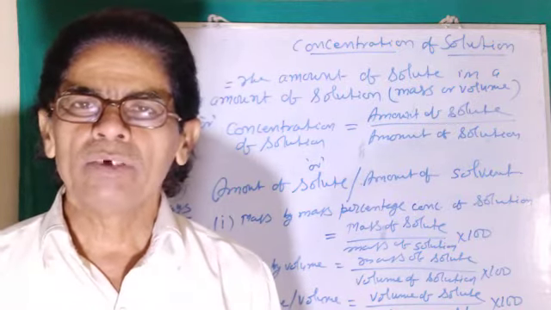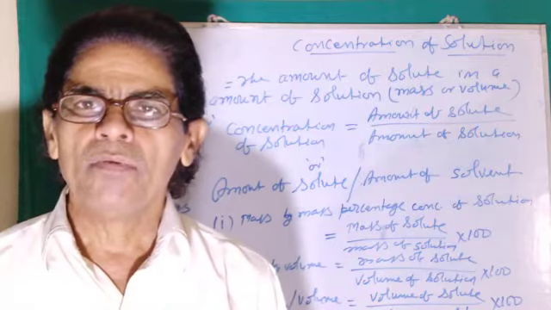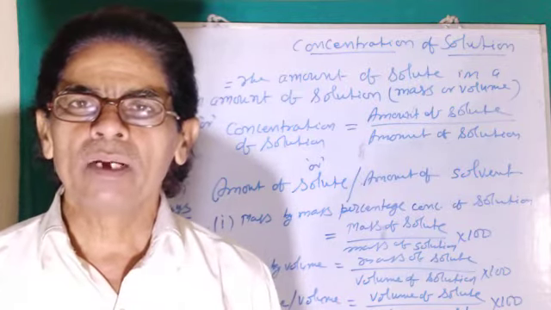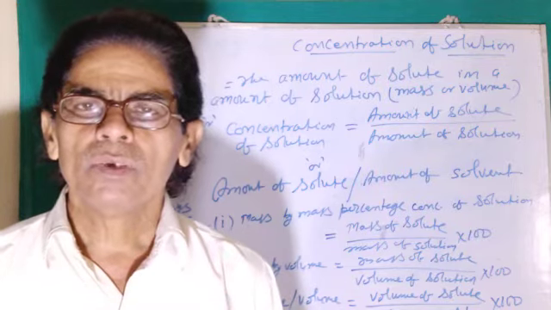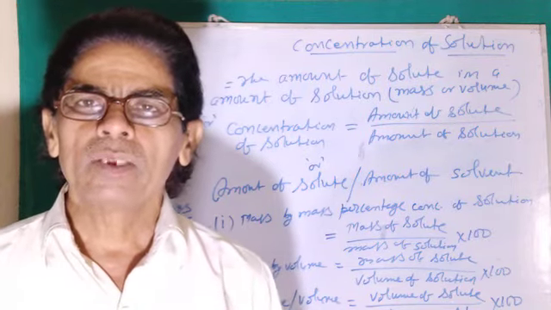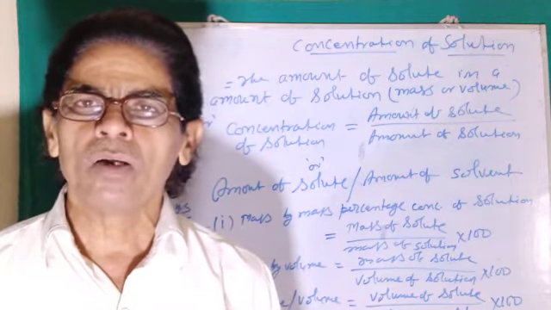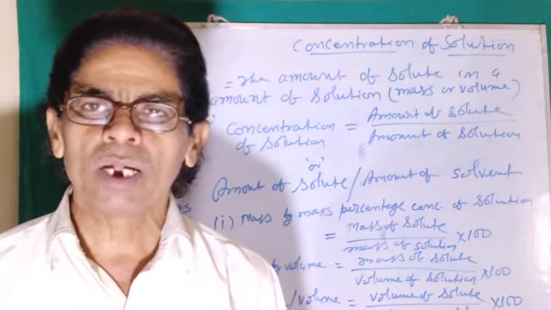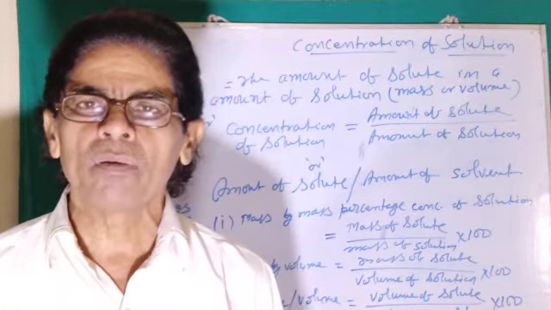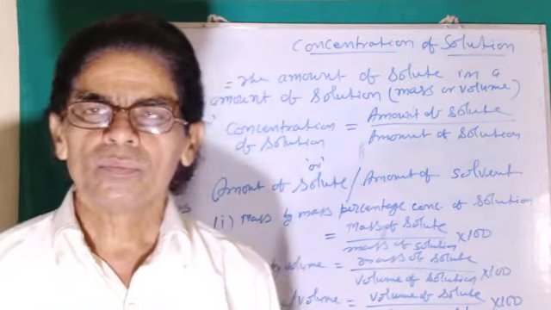They do not exhibit the Tyndall effect, meaning their particles do not scatter light when passed through it, and the size of the particles is of the order of atomic or molecular size, that is, of the order of 10 to the power minus 8 centimeter.